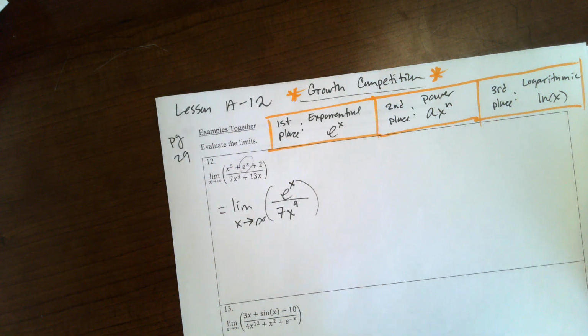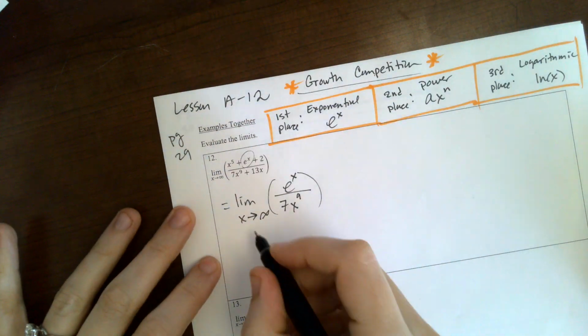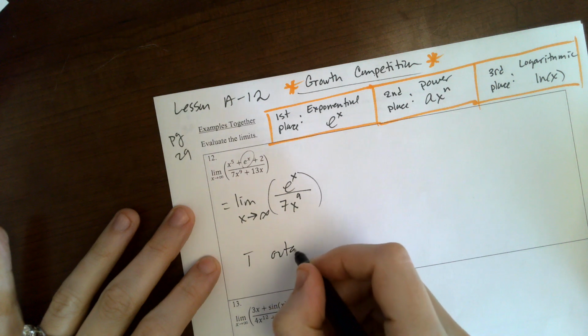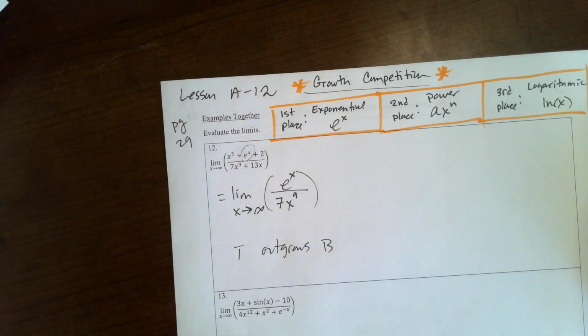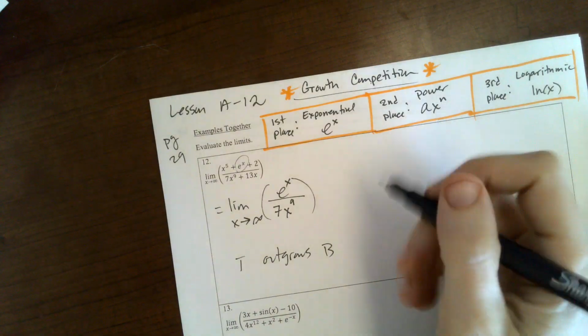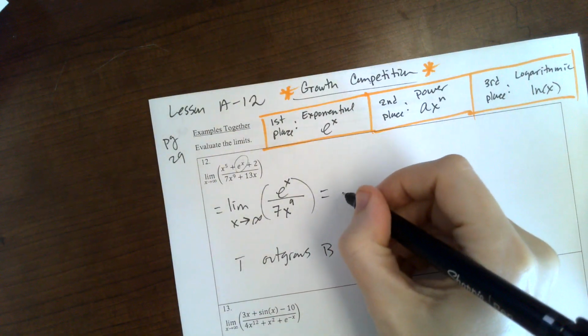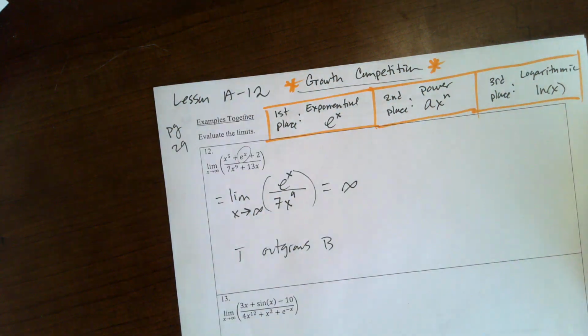But if you can't, then you think, okay, is the top outgrowing the bottom or is the bottom outgrowing the top over time eventually? And in this case, we've got the top outgrows the bottom. And if the top of a fraction is getting huge, then the entire fraction is getting huge. So this is infinity.